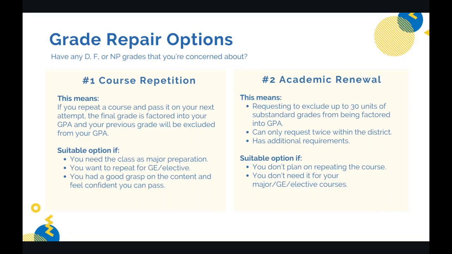You can only request twice within the district, has additional requirements, which we recommend for you to connect with a counselor to talk about if academic renewal is the right fit for you. Suitable option if you don't plan on repeating the course, you don't need it for your major, general education course, and or elective course.